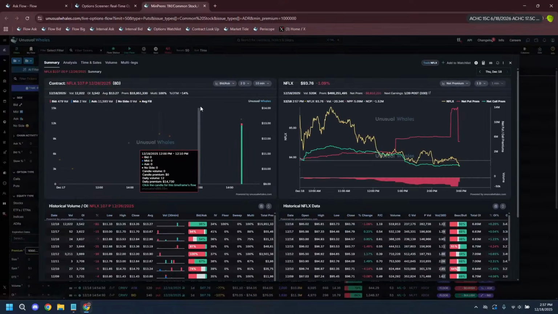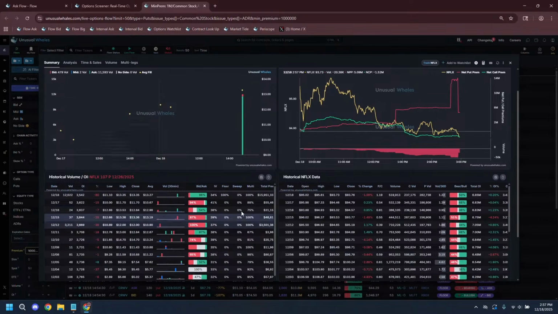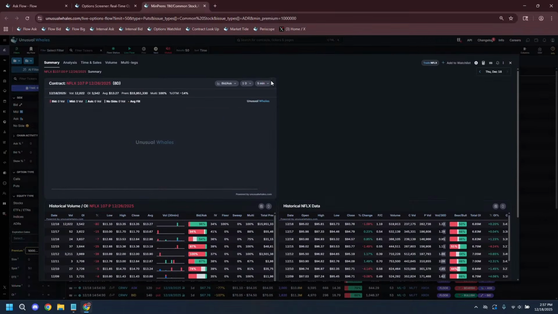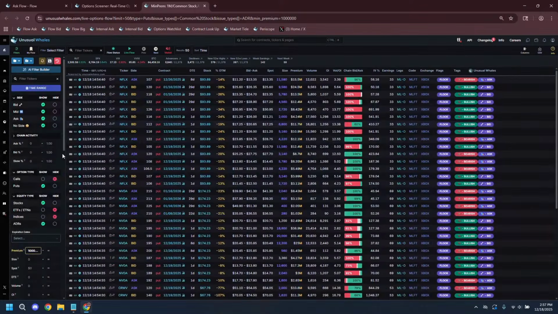And what does it look like? This is not the best example of it. Some of the characteristics are, okay, a put, like we went over, a put in the money, generally multi-legged, not always at the ask, sometimes at the bid, right? So there's plenty at the ask, plenty at the bid.